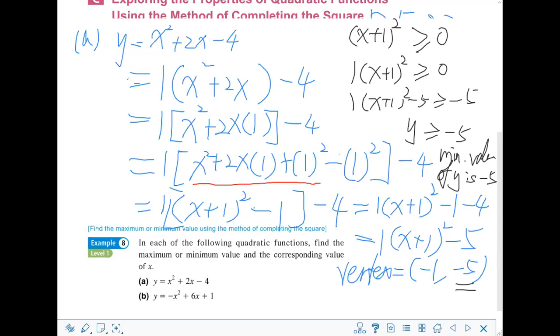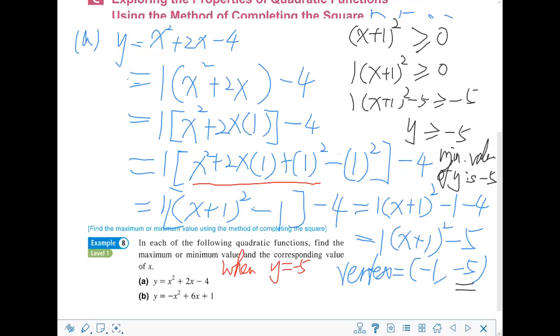How to get the x coordinate of the vertex? It is when y is equal to -5, and then I want to find what x it is. What is the corresponding value of x? So I'm going to use another color, the red color. When y is equal to -5, okay?